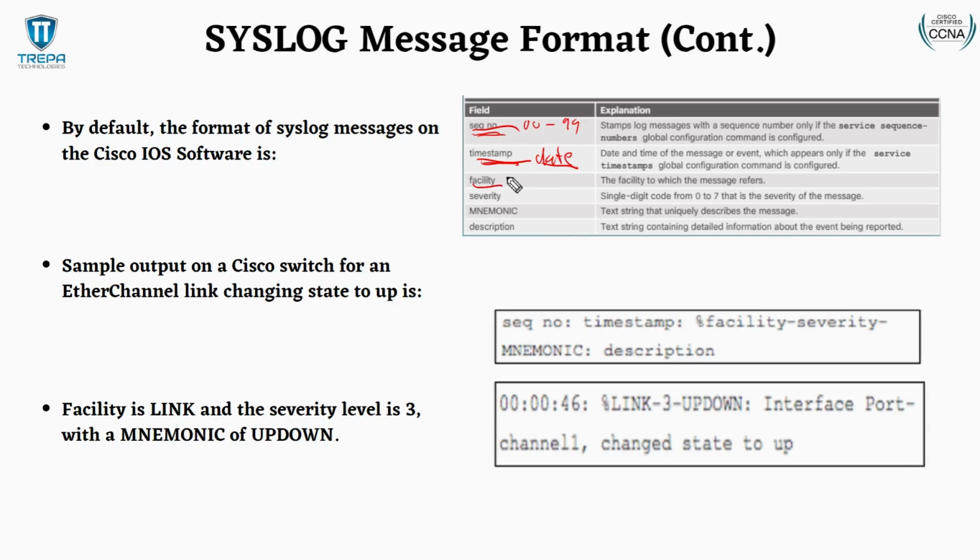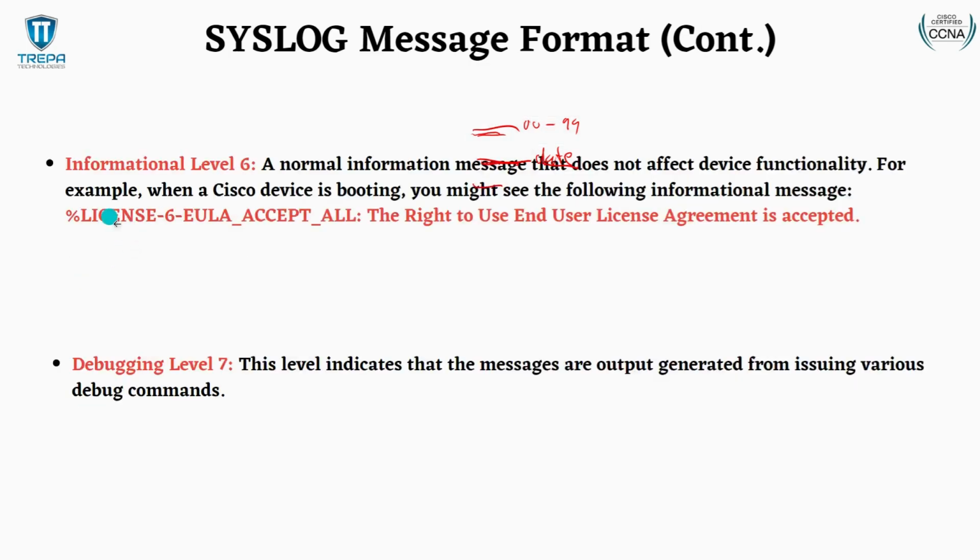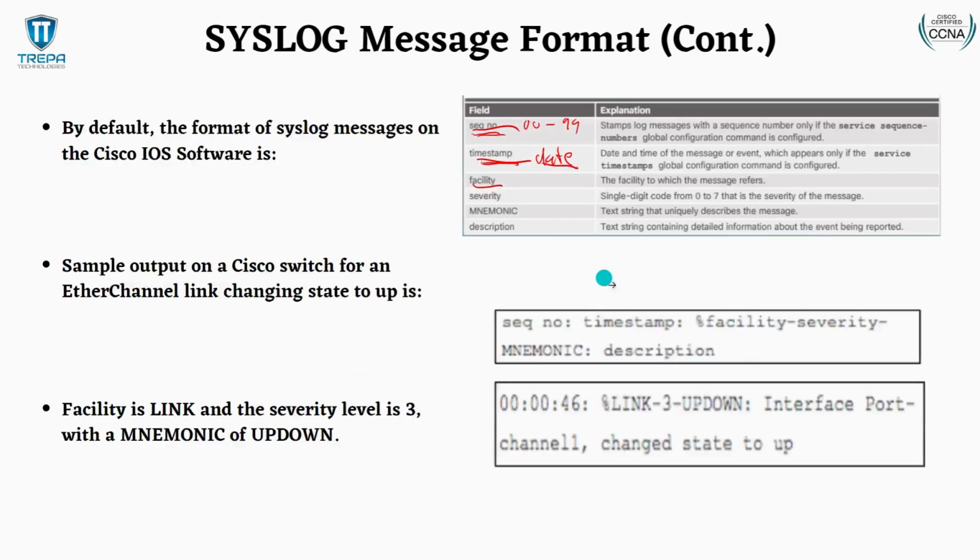And then we have the facility. This is going to be what the message refers to. So if you go back, the facility on this one is license. It's talking about a license. And then the severity level is going to be that Syslog severity level that we talked about, which is again 0 through 7. So that's 8 levels. And then the mnemonic.